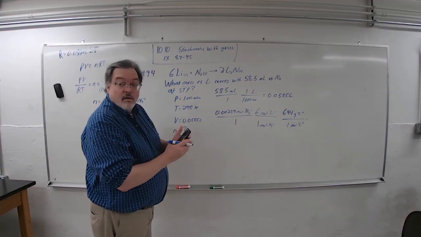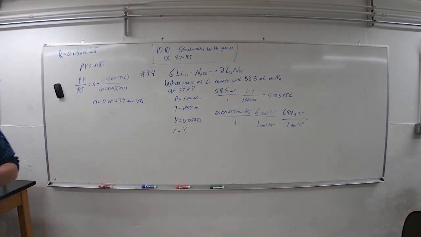Oh, is it 0.0239 or 207? Did I put an extra 0? Alright, let's see. 0.0585 divided by 0.08206 divided by 298.